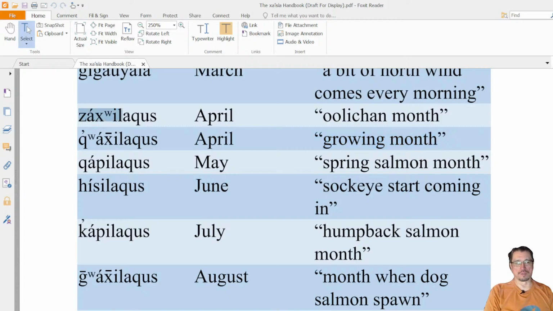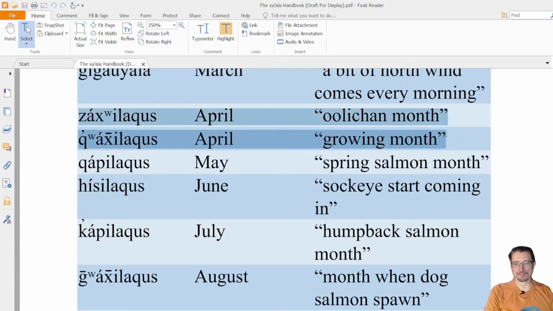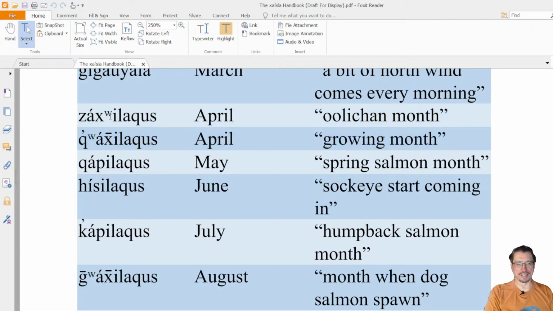So the way I understand it is that á'isla refers to the first month of April. á'isla refers to the second month of April. So you can use either name for the month, but my understanding is that á'isla is for the first half, á'isla is for the second half of April.